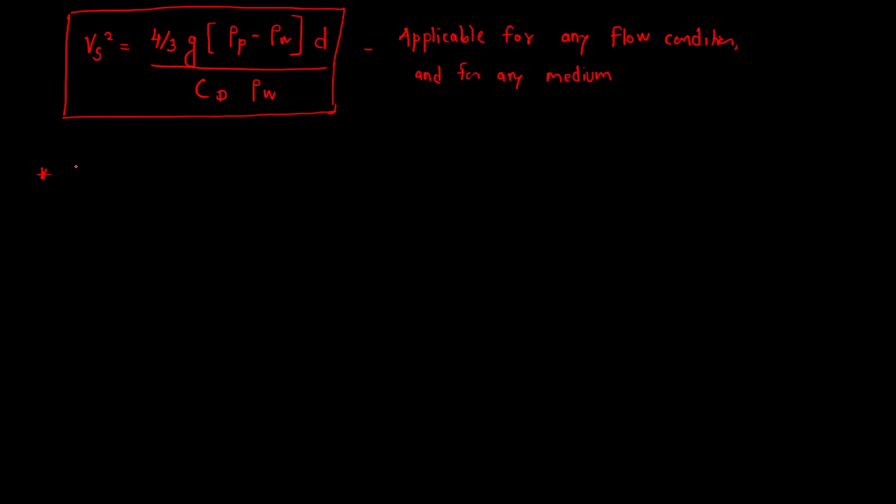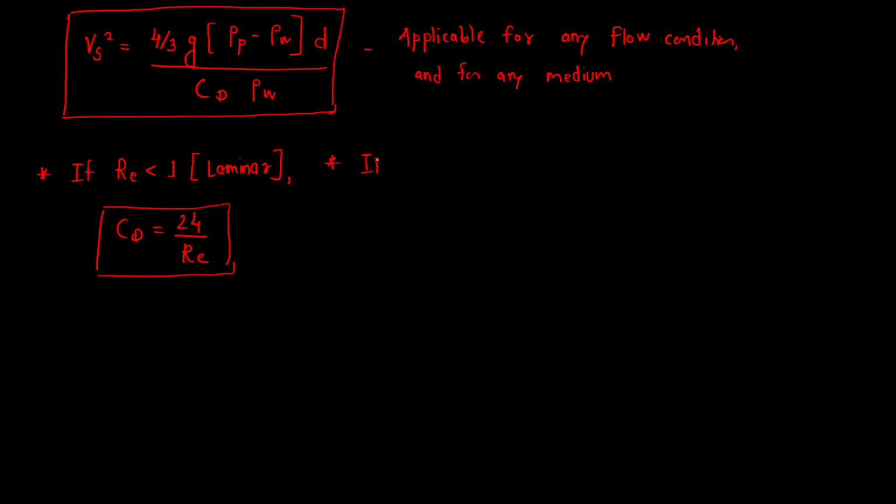So in case 1, if a Reynolds number Re is less than 1, that means the flow is laminar flow. So for laminar flow, the value of CD is 24 by Re. So you just have to substitute this 24 by Re in this equation if the flow is laminar.